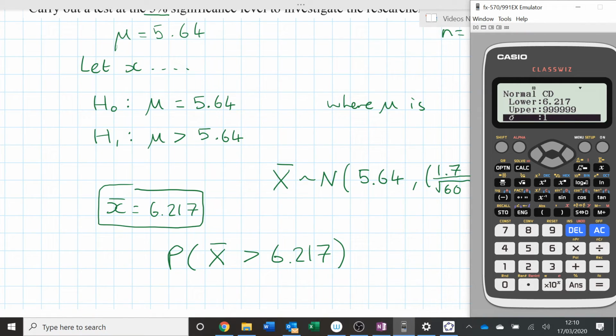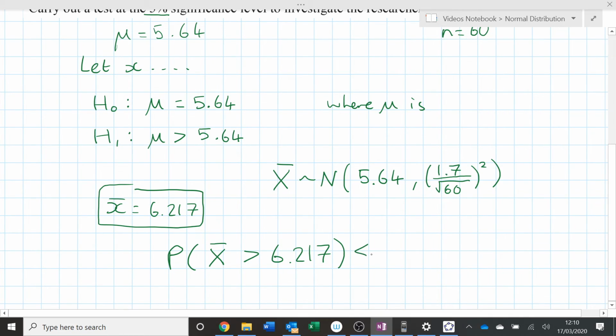My sigma is 1.7 over root 60, and mu is 5.64, which is the population mean. And we find that we get that value, which is less than 5%.